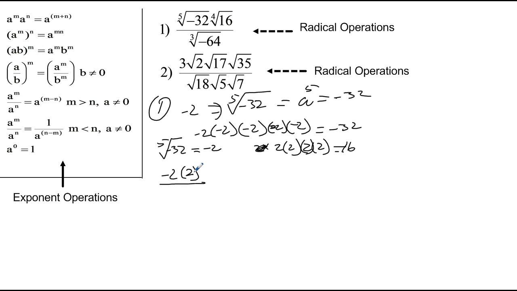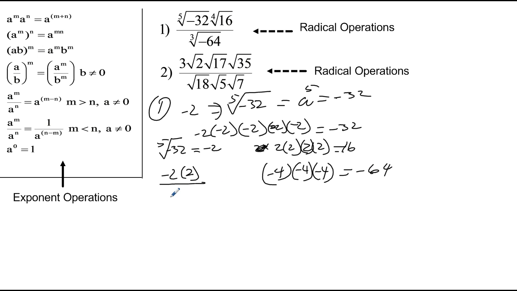And what's the cube root of 64? Well, that's minus 4, because minus 4 times minus 4 times minus 4 is equal to minus times minus is a plus, times a minus is a minus. 4 times 4 is 16 and 4 times 16 is 64.